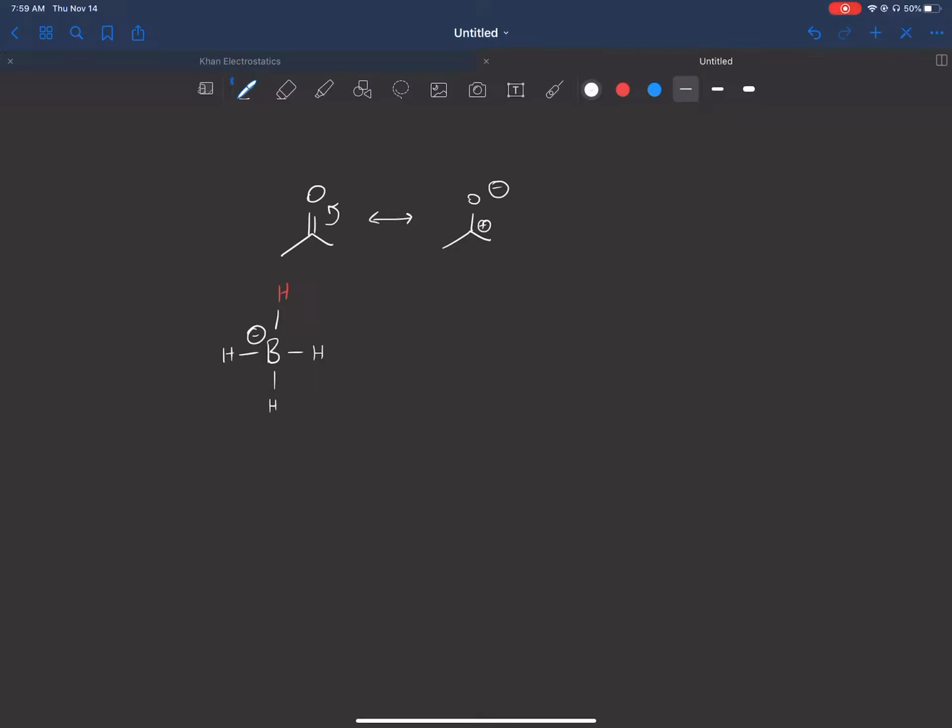Also, because oxygen is more electronegative than carbon, we can write the structure with partial charges, plus on that carbon, negative on the oxygen. A partial positive is more electrophilic, which is why the carbonyl carbon is considered an electrophilic atom.